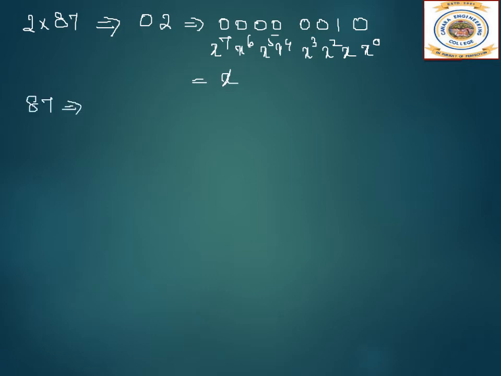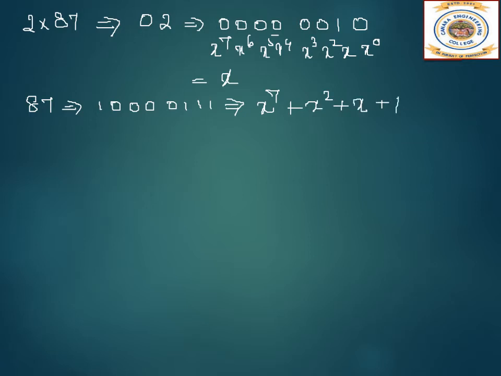87 in binary form is 1, 0, 0, 0 and 7 is 0, 1, 1, 1. So writing the polynomial for this, it is x to the power 7 plus x square plus x plus 1.